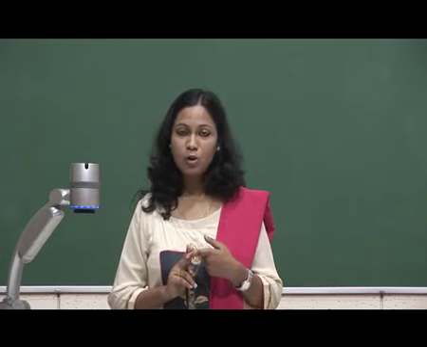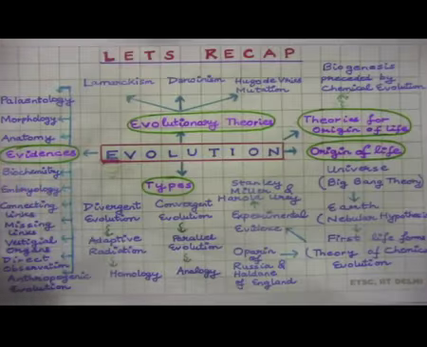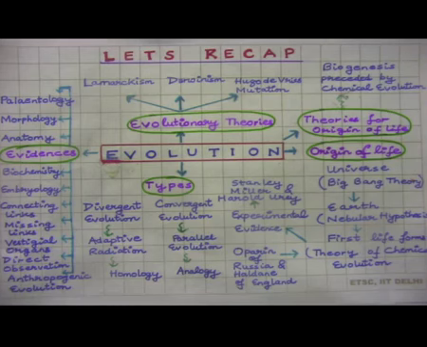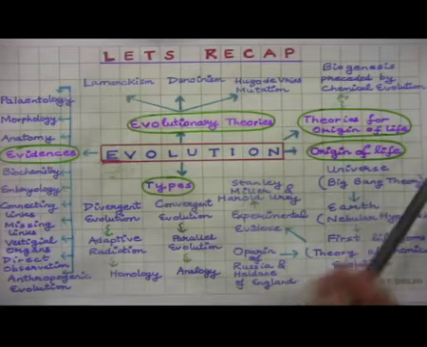Theory of panspermia said that there are spores on other planets which incidentally landed on our earth and life originated from those spores. And the third, the theory of spontaneous generation, said that life could originate gradually from non-living matter, but it was also discarded by the experiment of Louis Pasteur.